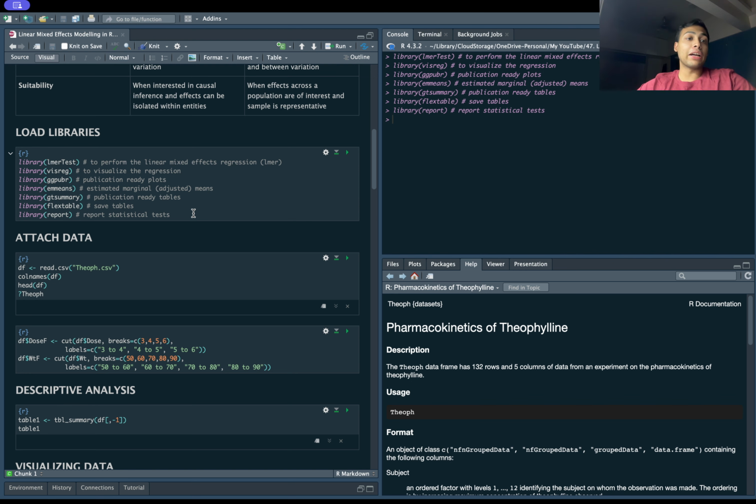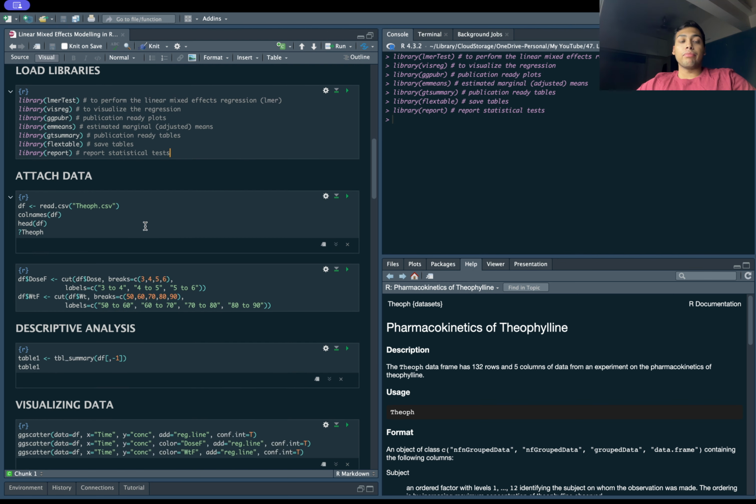There are many other packages. These are the most commonly used to model linear mixed effects when your dependent variable is continuous. So these models are also called hierarchical models because there is a certain hierarchy to the data structure, which will become apparent once we explore the data even further.